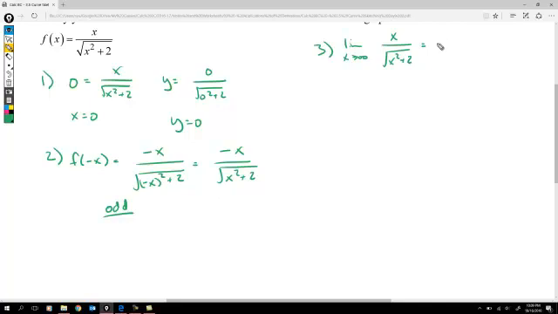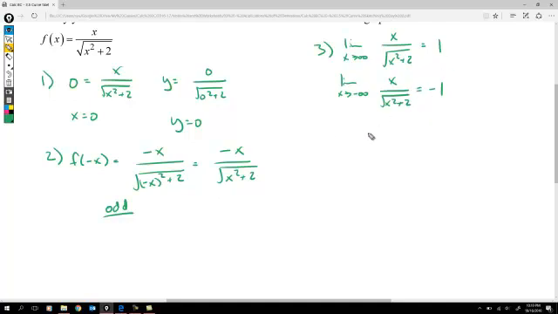And so my limit to infinity will be 1 over 1. If I take the limit to negative infinity, I have a negative number divided by something that will always be positive, so I'll get negative 1. So here are my horizontal limits.